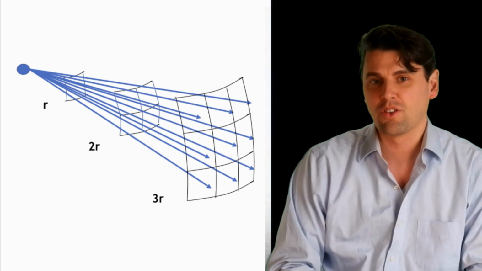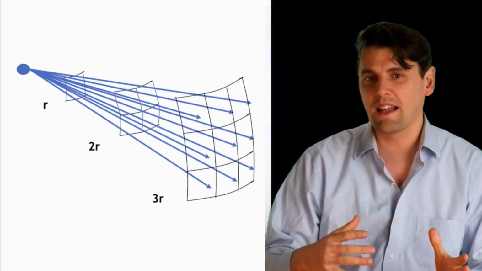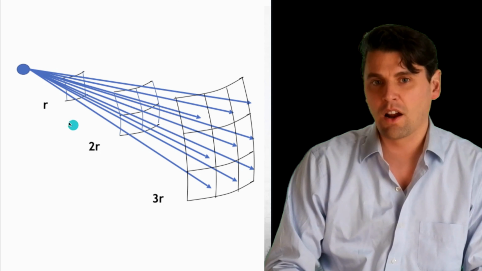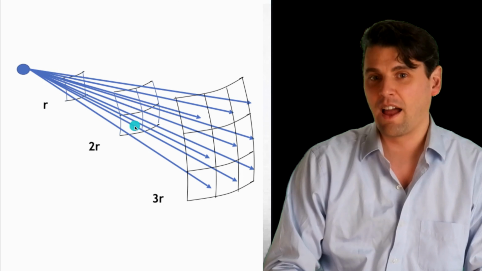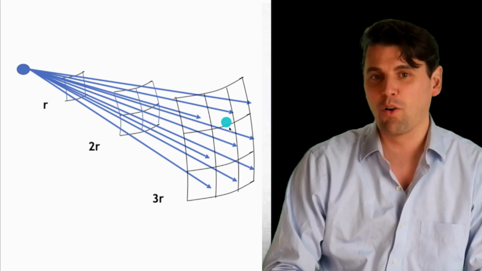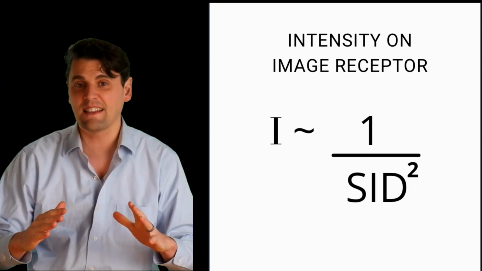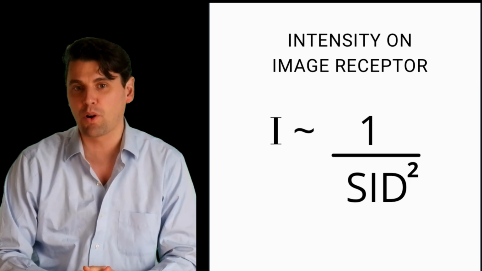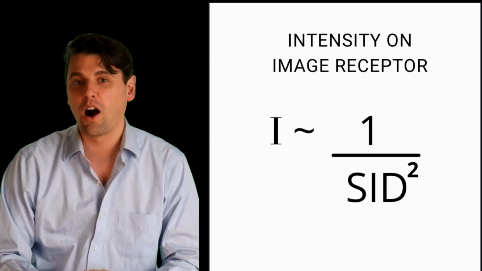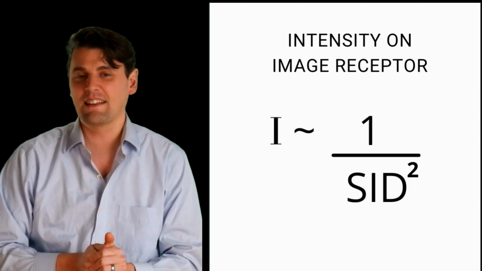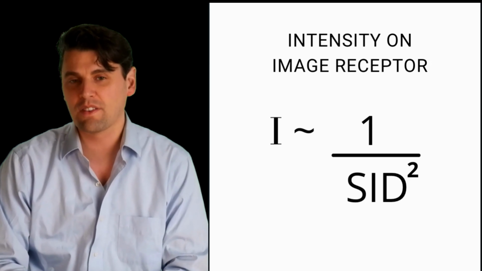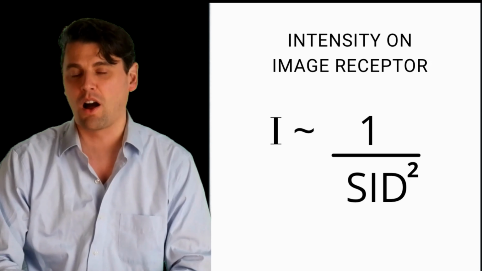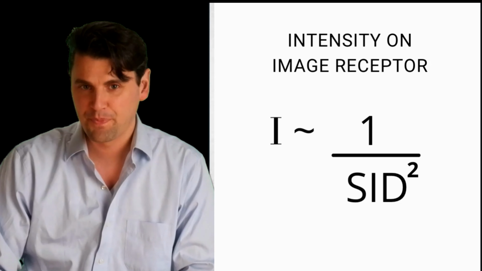We're just drawing them here so you can get the idea that there's a much higher intensity here. If the intensity is I here, it's I over 4 here, and I over 9 here. The intensity is inversely proportional to R squared, or the SID squared, the distance from the X-ray tube to your image receptor. This is called the inverse square law, 1 over R squared.